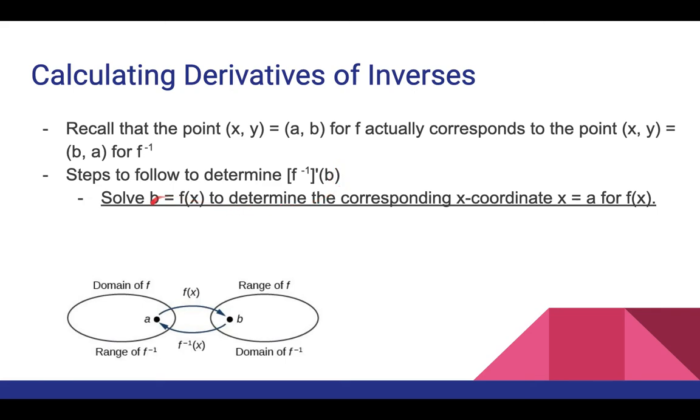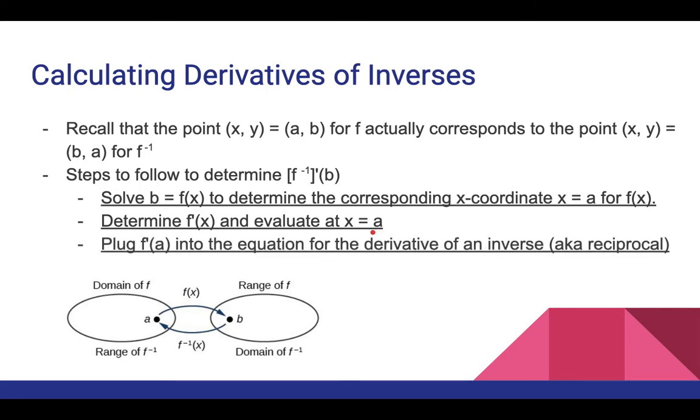So what you have to do is recognize that b for your inverse is equal to the y value of your original function, so you have to set b equal to f of x to determine the corresponding x coordinate for f of x. Next, you're going to determine the derivative of f and evaluate it at x equals a. And then you're going to take the reciprocal of your derivative at x equals a to determine the derivative of your inverse.